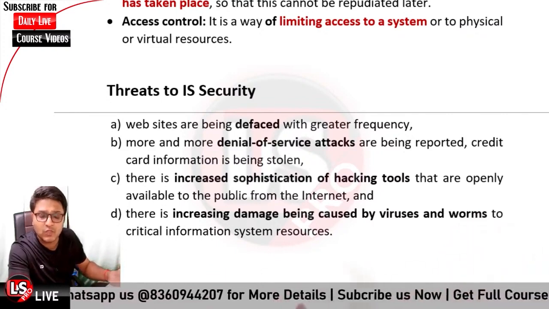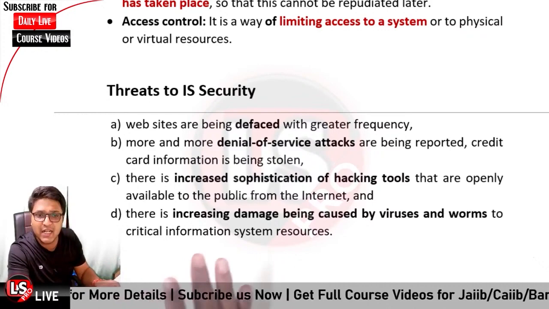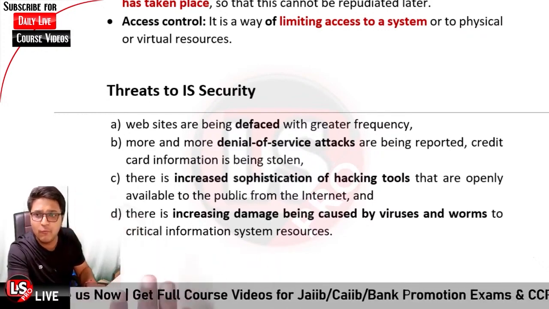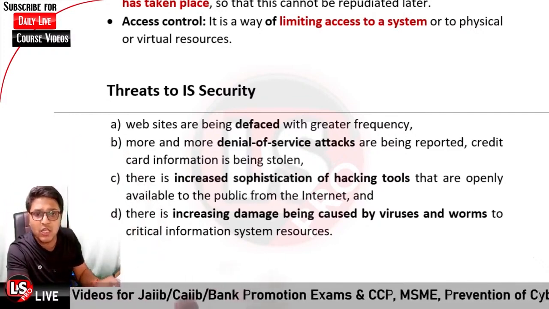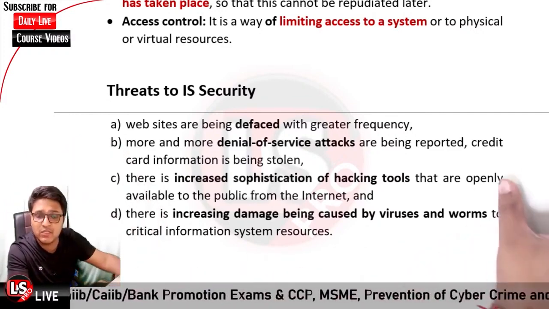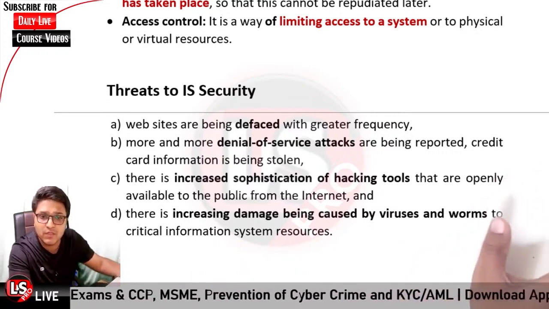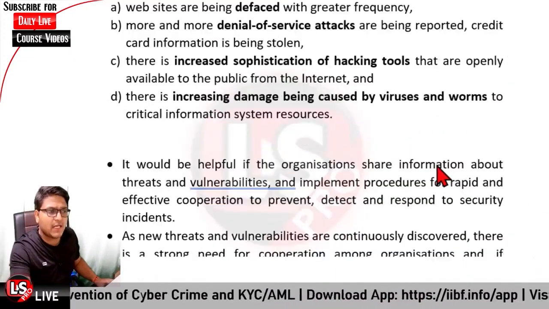So if you used internet banking services on your computer and a keylogger, a kind of worm, was there on your PC, then all the information that you entered would be available with some third party, and that could lead to some kind of failure for you.